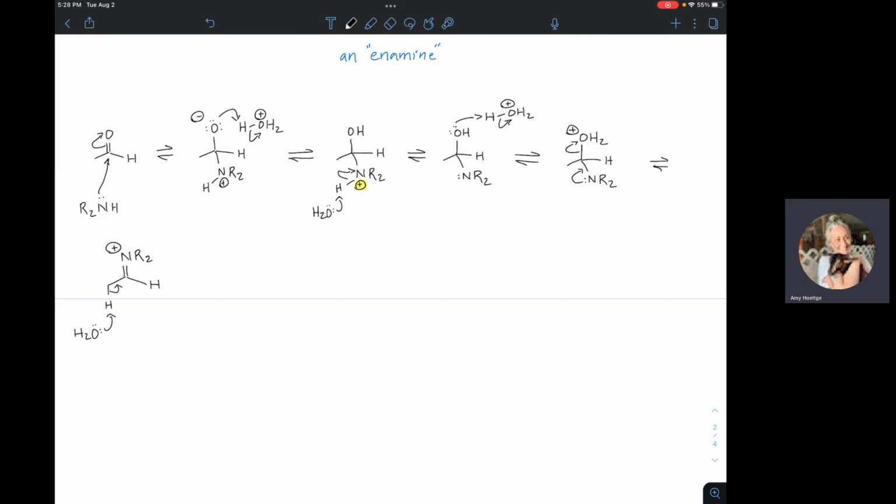We form a double bond between the two carbons and push electron density back to the nitrogen. And you get your acid back again.